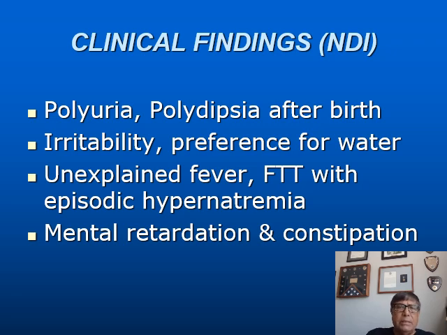Clinical findings are polyuria and polydipsia, just like DI, very irritable, and they prefer water over any other fluid, unexplained fever, failure to thrive, and episodic hypernatremia, as I have mentioned, and mental retardation and constipation.